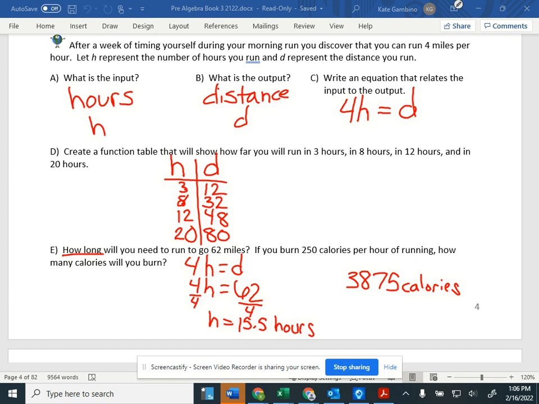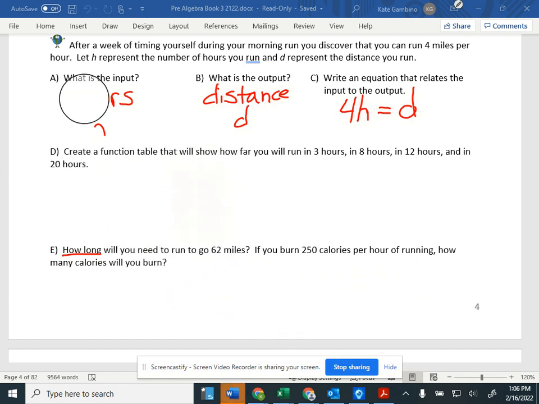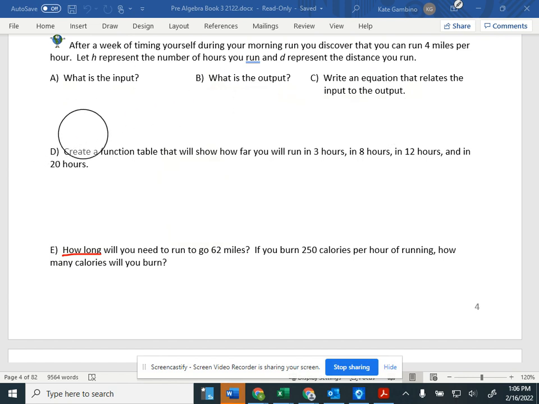Okay, friends, let's pull it back together. This objective is a power objective, so we need to make sure that we are understanding it.